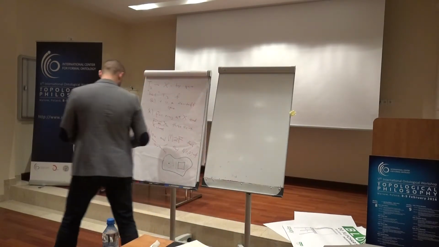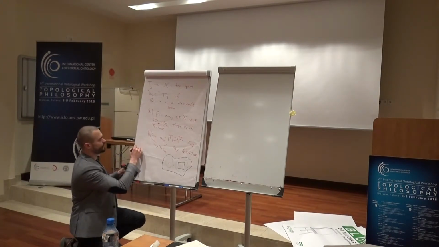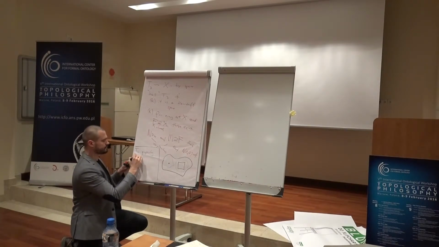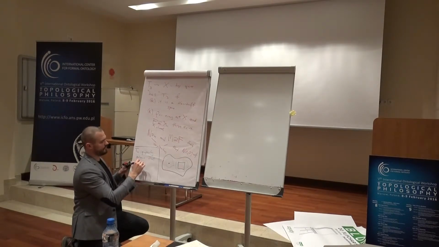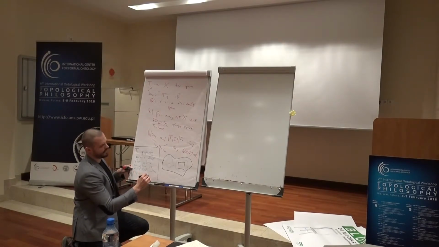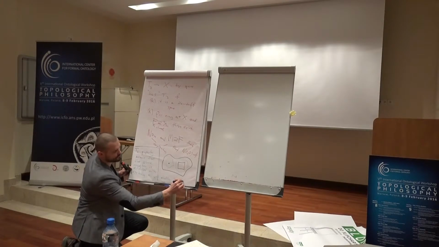And maybe I won't write the whole new definition here, but I will just write that the T4 property means that the above condition is fulfilled after replacing A with another closed set.